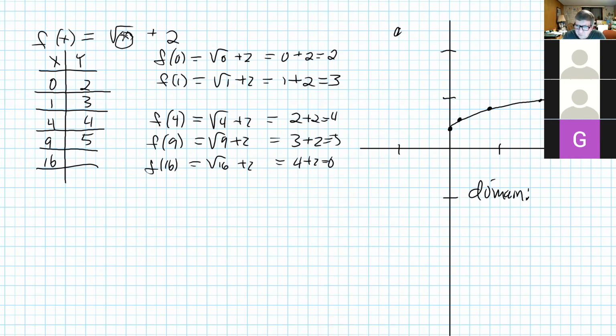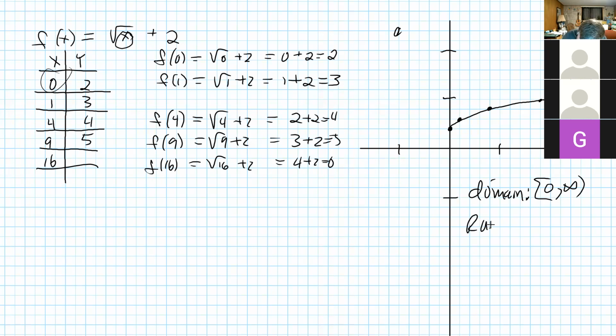No. So correct your answer. What would it be instead? Could I put 0 in there? Yes. Could I put any positive number in there? Yes. But I can't put a negative number in there, right? No. So it'd be from 0, including 0 up to infinity. Does that make sense? Yeah.